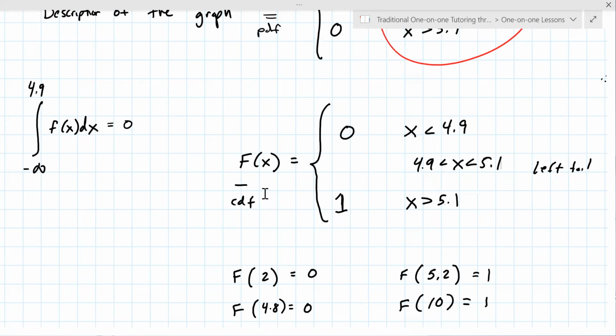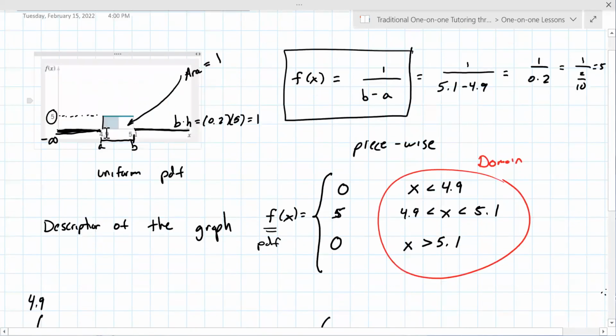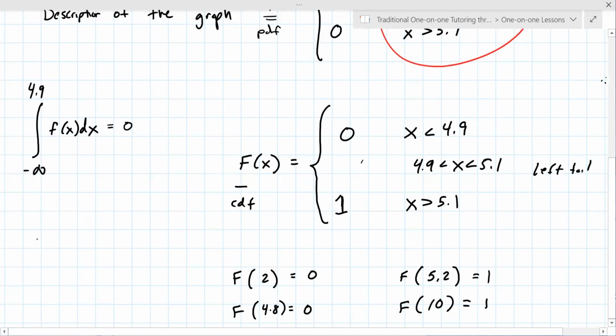So what are we going to put there, in the middle? It ends up being a function. To do the middle one, we have to integrate our probability density function. It's the integral from 4.9 to x of 5 dx, because 5 is your PDF.